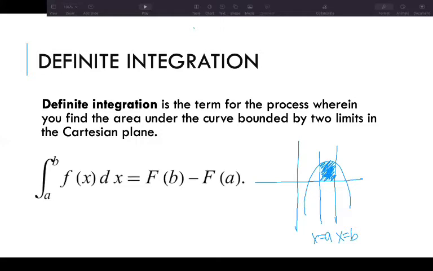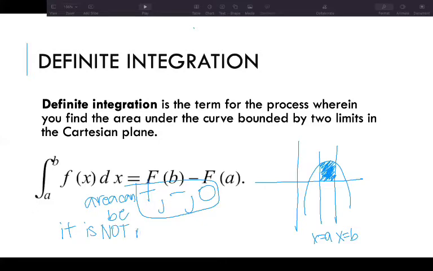The area under the curve can be either positive, negative, or zero. Also, it is not necessary that b is greater than a. This is for this reason that the area can be negative.